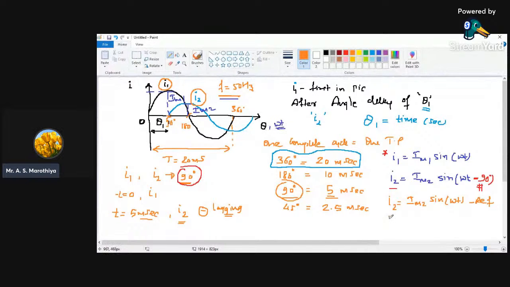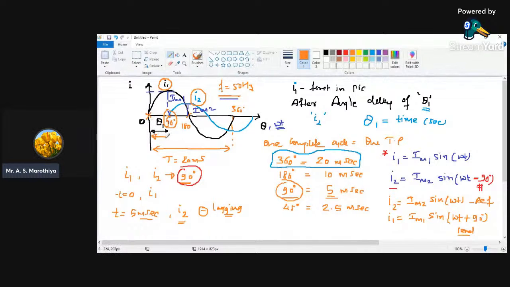So I can write here I1 is going to be equal to I max 1 into sine of omega t plus 90 degree. This is very important. Now plus means ahead. It is nothing but leading. That means with respect to I2, I1 is going to appear 90 degree before the value.